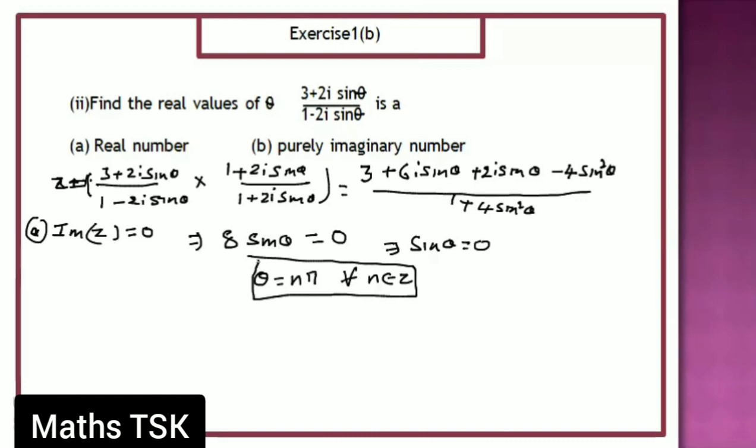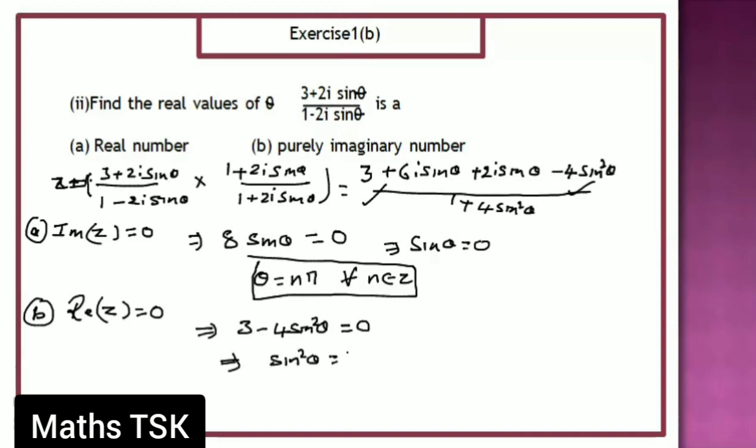Okay, right. So second one, purely imaginary. Purely imaginary means real part of z must be 0. Here real part of z is 3 minus 4 sin square theta by something totally positive, it will not be 0, so I can consider this as 0. Therefore, this implies sin square theta is equal to 3 by 4.